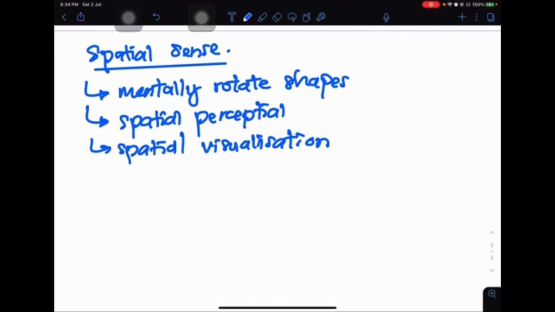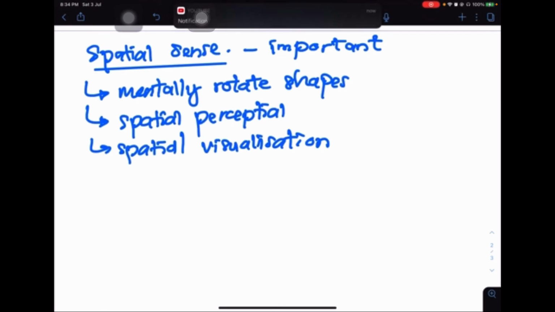Spatial sense is important for most career jobs, such as engineers, doctors, teachers, architects, interior designers, even cooks, even chefs. No matter what job you hold, spatial sense is important.